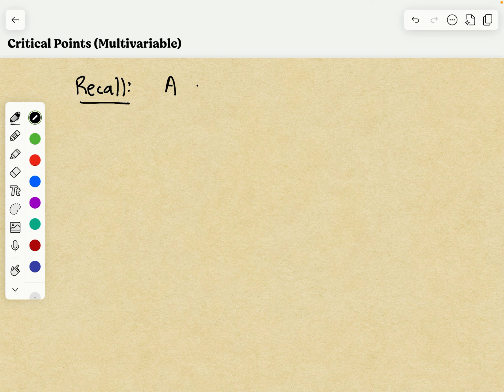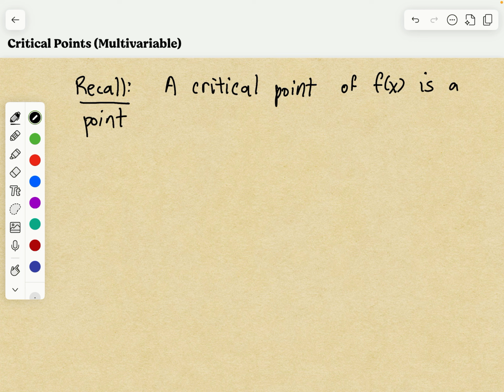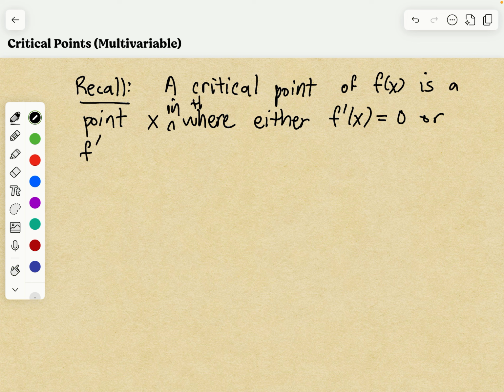A critical point, some books have different terms for this, but a critical point of a function f of x is a point x in the domain of the function f where either f prime of x is 0 or f prime of x is undefined.